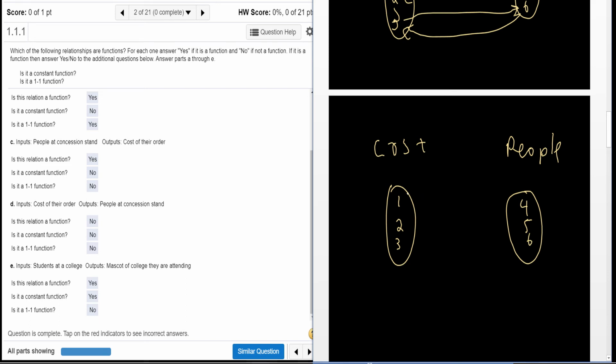It's possible that 2 people may order the same thing. So you map back the cost. These 2 people here can both be buying something that costs $1. So you map the cost back there, and there. And another point, these 2 people order the same thing, and this one would order something different. So you can see here that it's not a function.